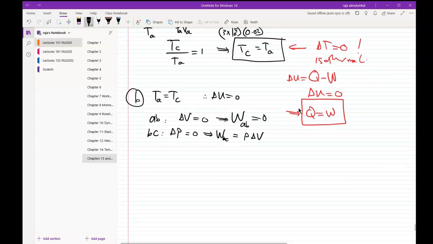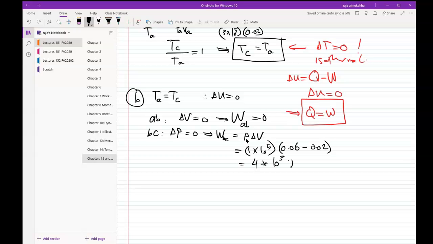So the work is 1 times 10 to the 5th, multiplied by 0.06 minus 0.02. I'm basically doing the area under the curve, really. That formula just tells you the area, so either way you get the same answer: 4 times 10 to the 3rd joule. So this is the work BC.